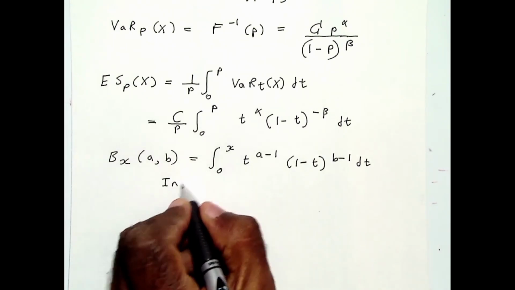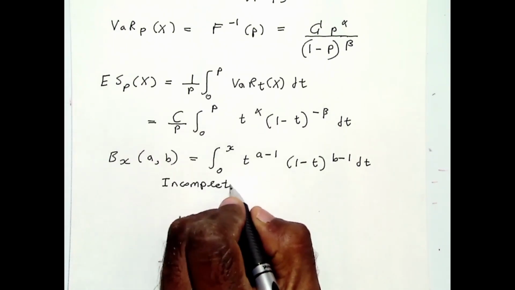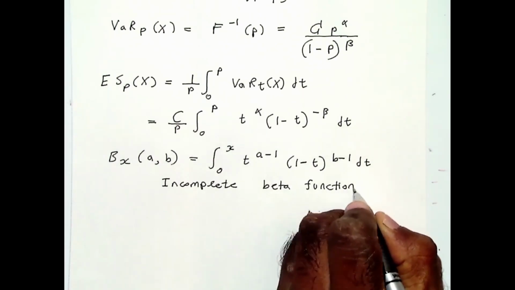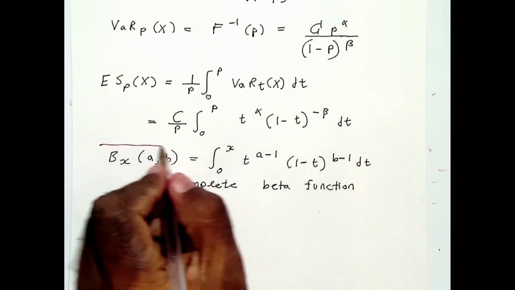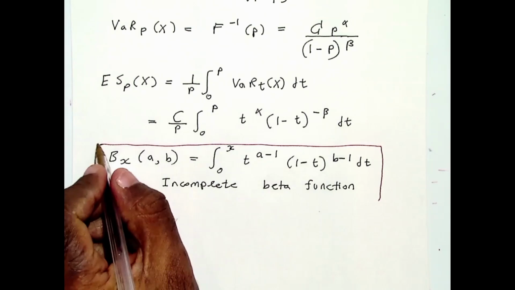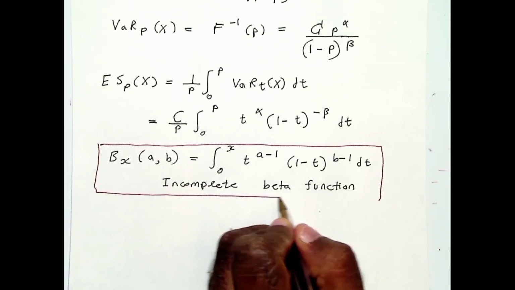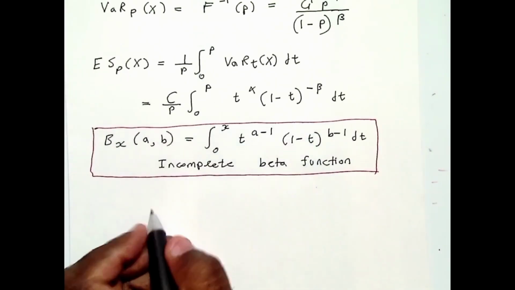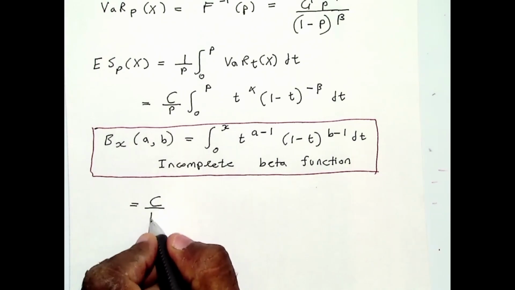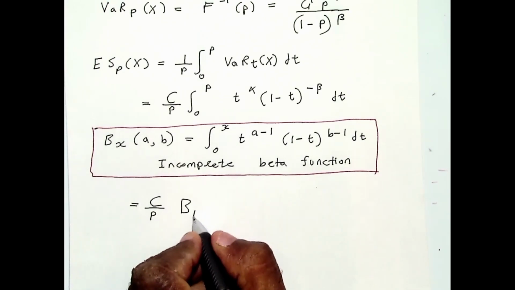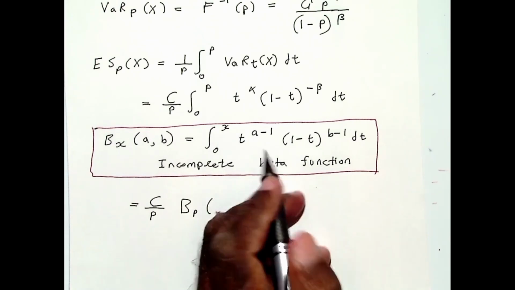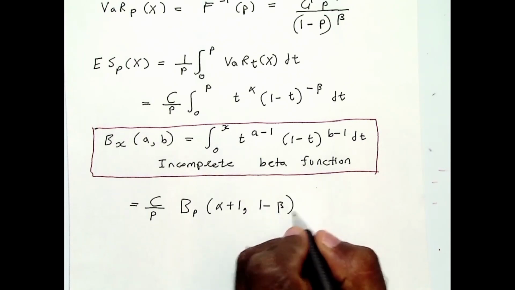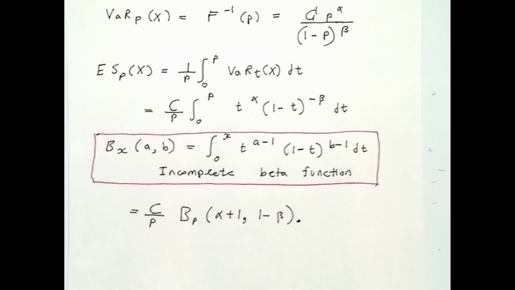Using this definition, we can write this as capital B, p, where your a is going to be alpha plus 1, and your b is going to be 1 minus beta. So this completes part 13.